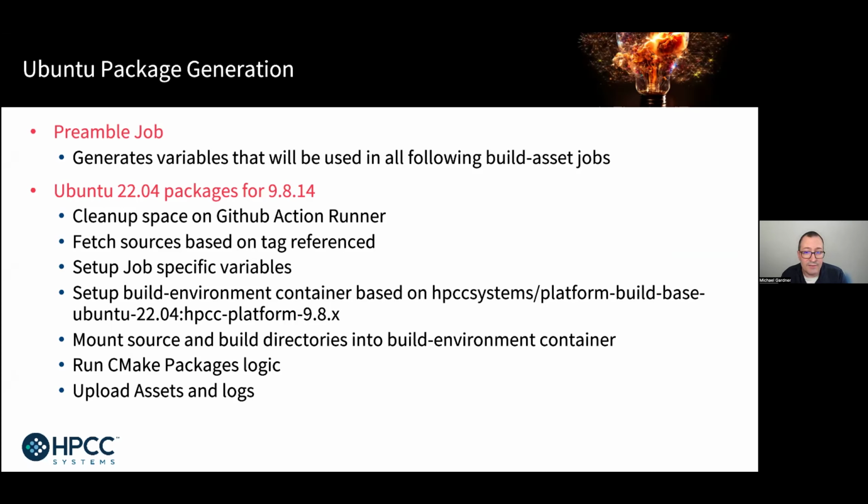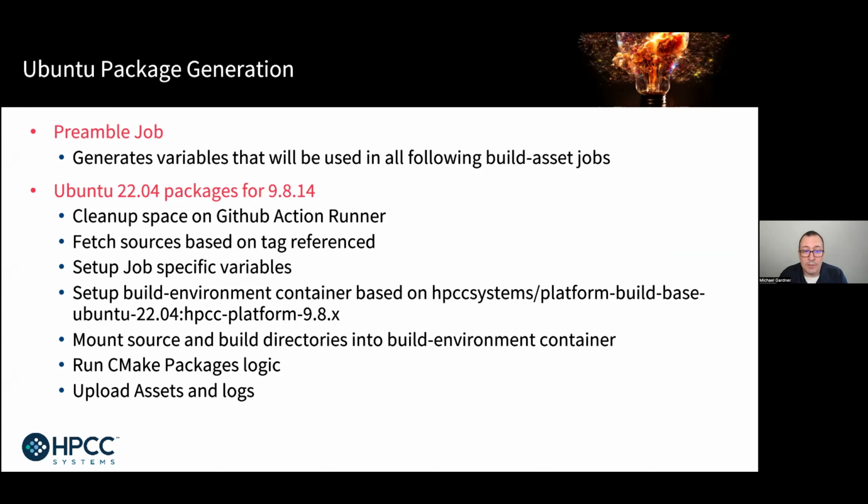And then we use that information in order to set up a build environment image that we're going to build here. That takes the HPC Systems platform build base image that we generated earlier from vcpkg, and it uses that as a cache for all of our vcpkg libraries, and then layers on top of it.